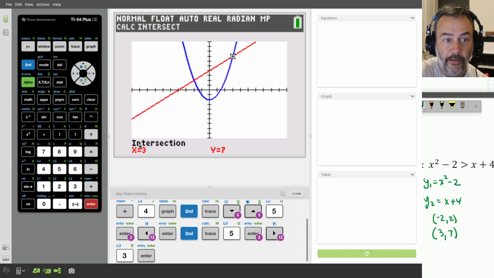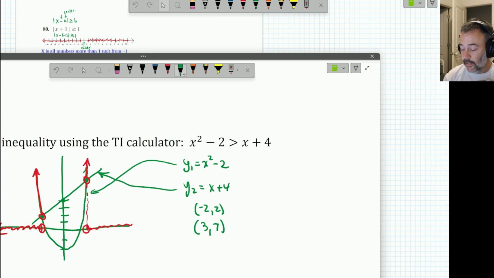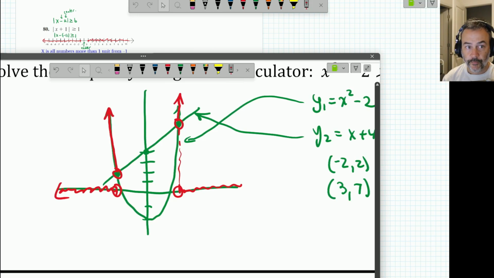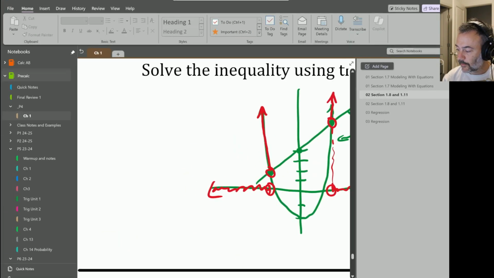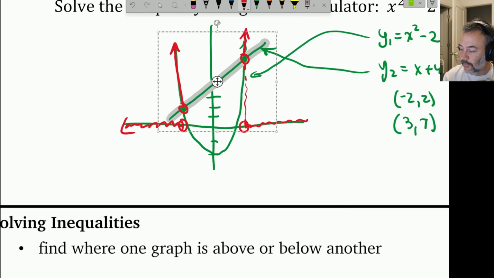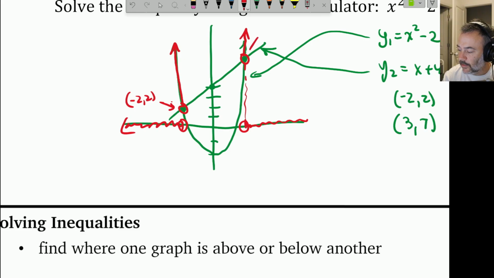So now that's all the calculator work I need. I come back here and I see that the coordinates of this point here are -2, 2, and the coordinates of this point up here are 3, 7.